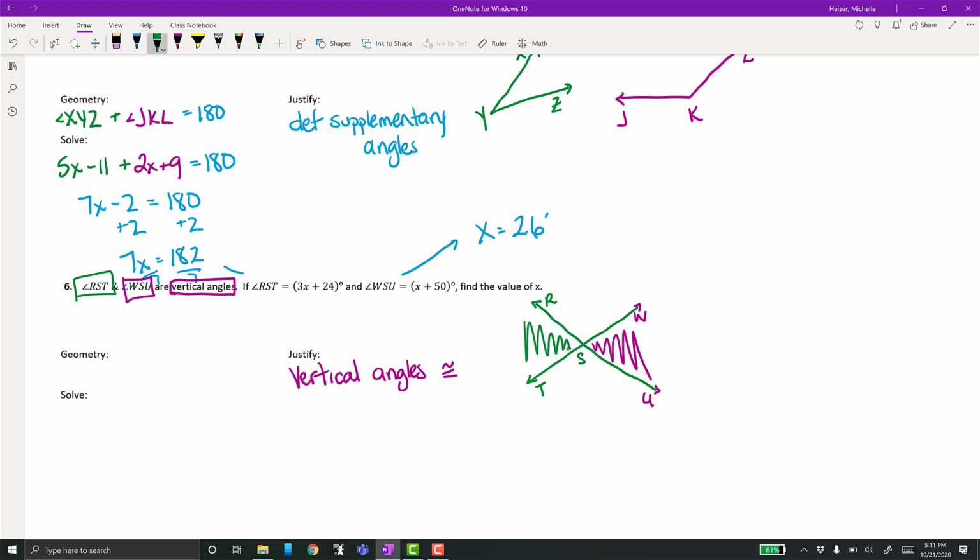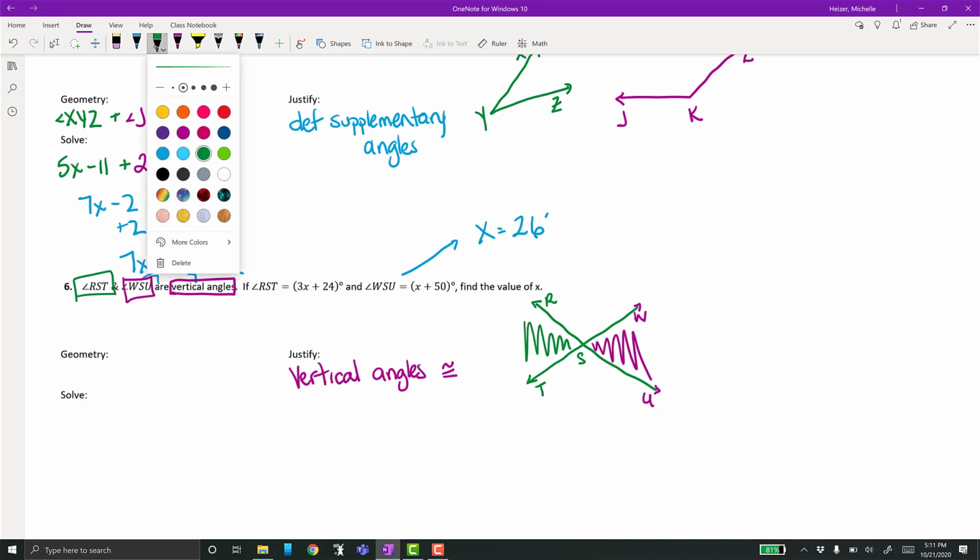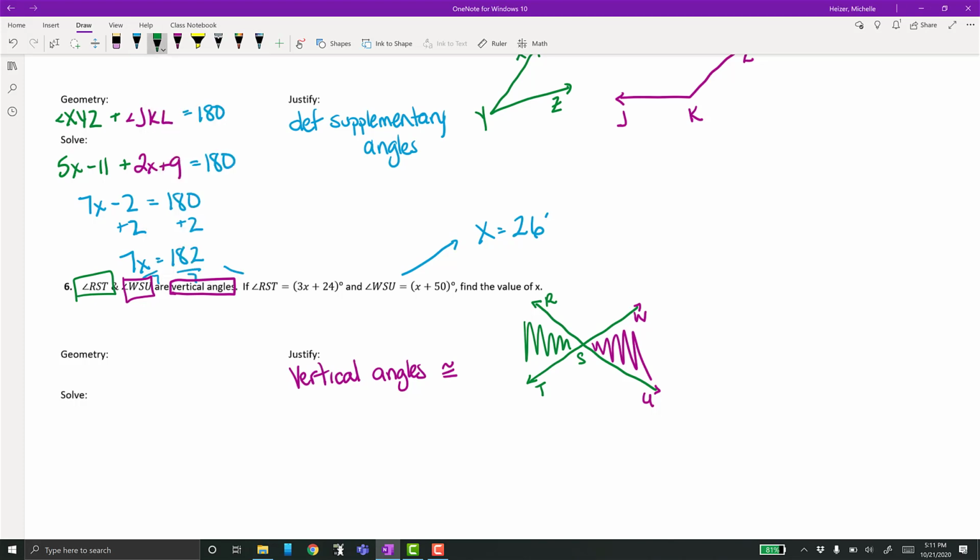Angles that are directly across from each other. So if vertical angles are congruent, we can write angle RST is congruent to angle WSU.